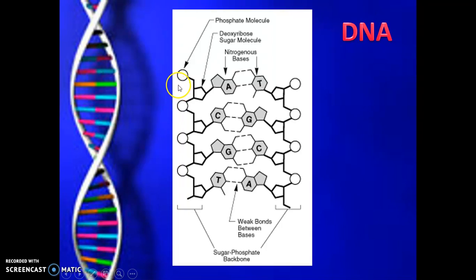So backbone, phosphate, sugar, bases in the center with their complementary pairings, and held together by hydrogen bonds. Make sure that you understand all of that about how to label one of these, what the backbones are made of, what the ladders are made of, because that's really important, okay?